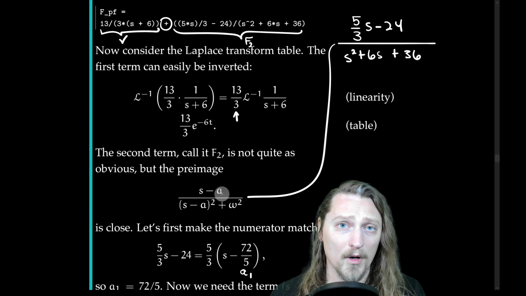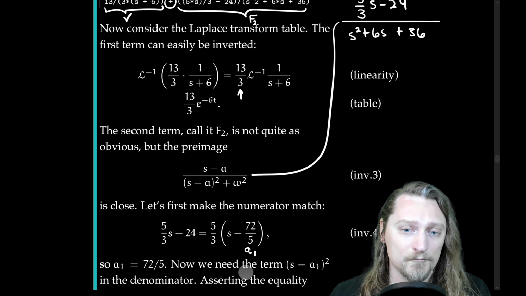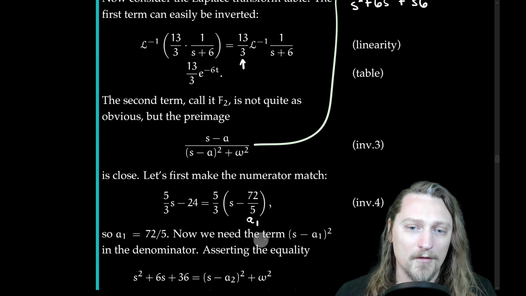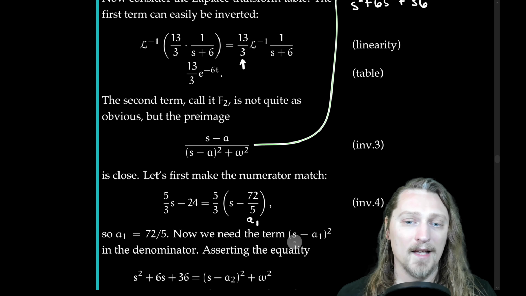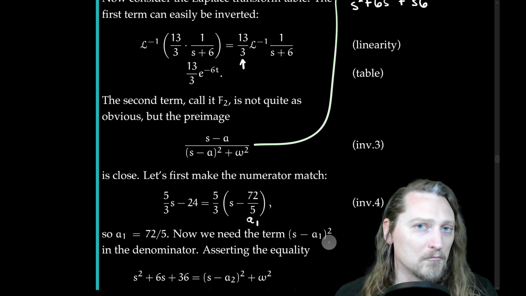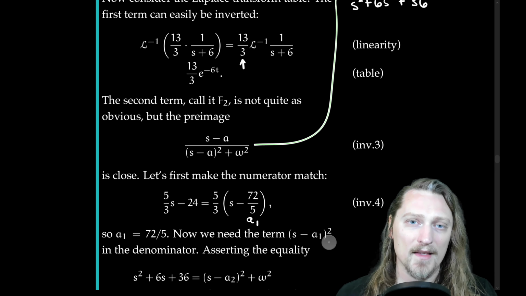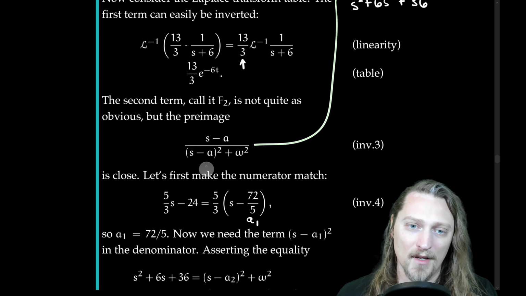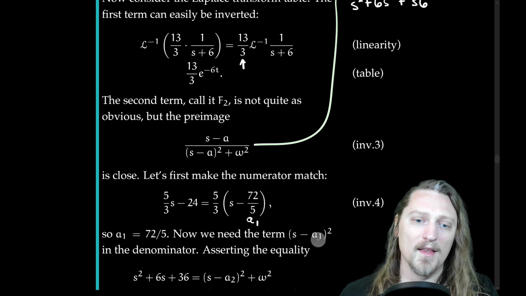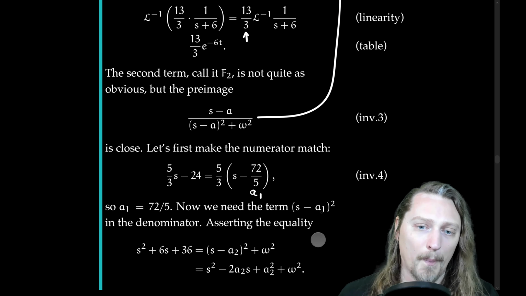All right, so this A works for the numerator. And we would like for there to be a term in the denominator now that also looks like s minus a1 squared, right? For it to completely match, it needs to have that same s minus a squared. Those have to match. So we need to see if we can make that happen in the denominator.